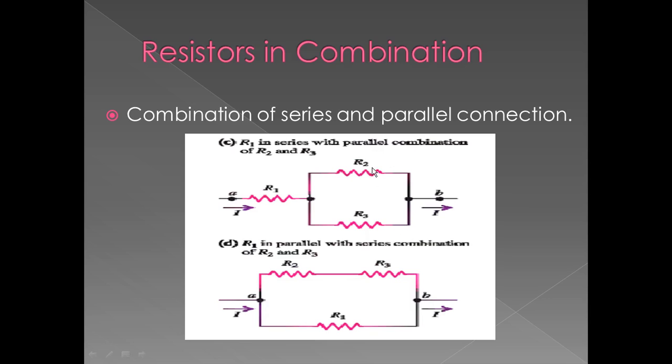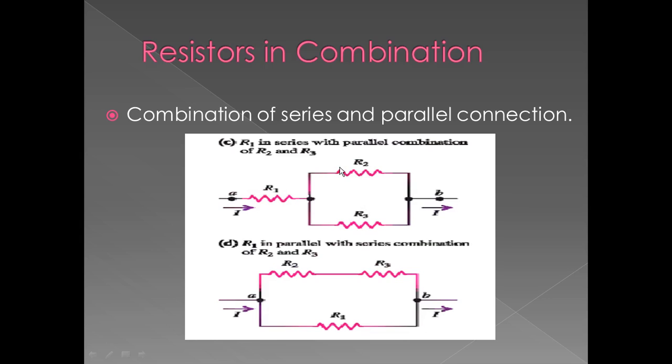So this means in order to combine the three resistors, you need to combine first R2 with R3 using the set of formulas for parallel. Once you have done that, you could represent the R2 and R3 combination using a single resistor, and if you replace this combination with that resistor, R1 would be connected in series.